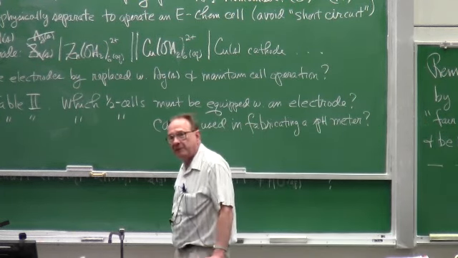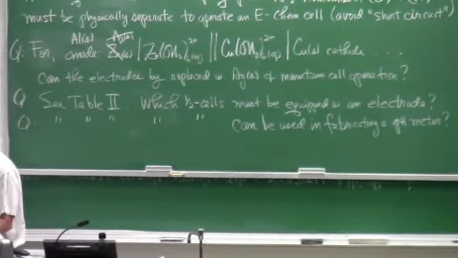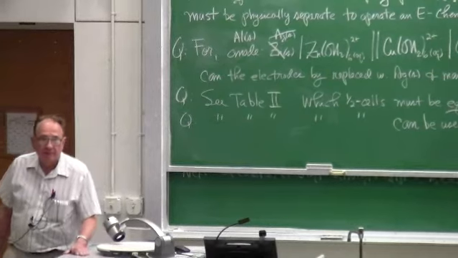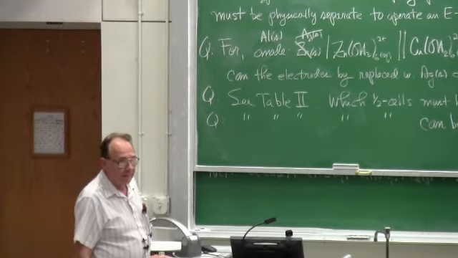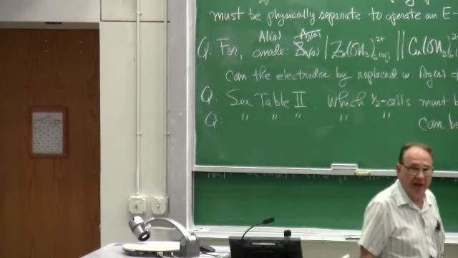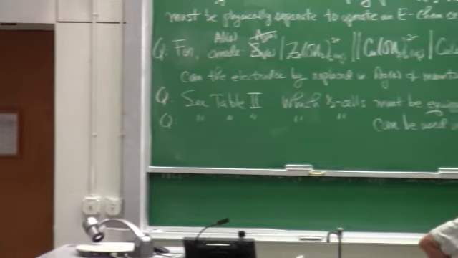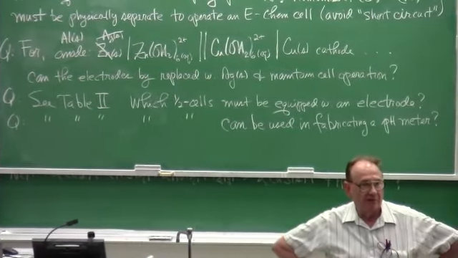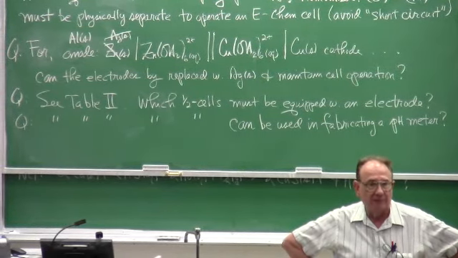If you're going to make a pH meter, you've got to have, in the electrochemical system which you build, a half reaction whose behavior is sensitive to pH, directly so. Now, if we're looking for a half reaction that's directly sensitive to pH, what chemical ingredients do you expect to look for?